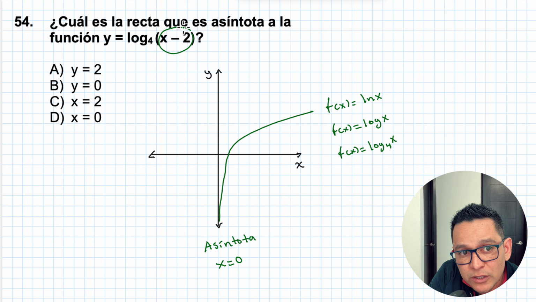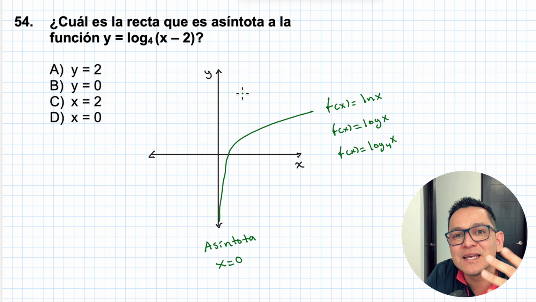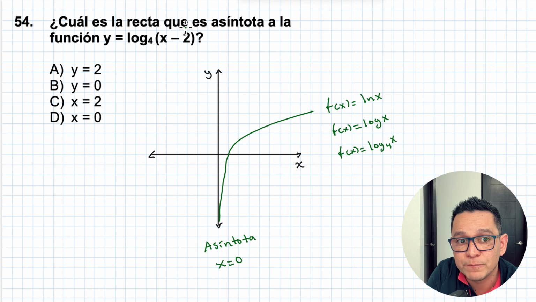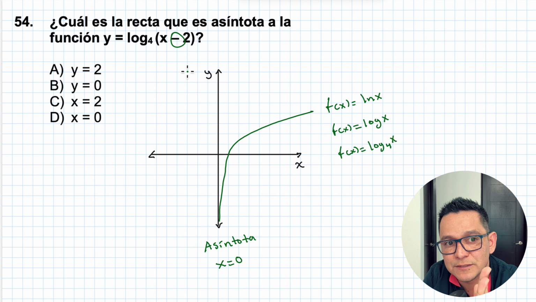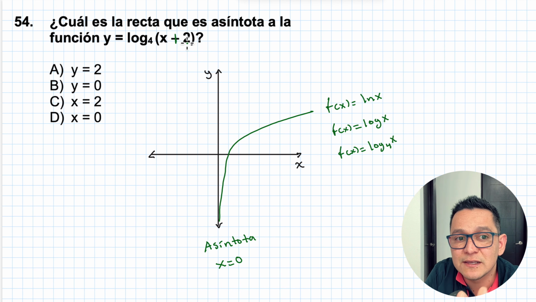When inside the parentheses we have a number, whether it is being added or subtracted, we are going to shift the graph of the function by these units that are indicated here, but in the opposite direction of what it says here. That is, if you have a negative, it means that the entire graph is shifted 2 units to the right. But if it's positive, it means the graph of the function is shifted 2 units to the left.